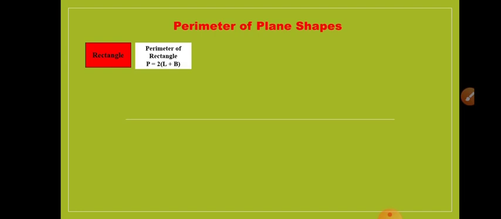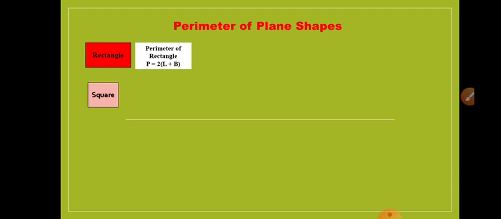We have 2 lengths and 2 breadths. That is why we have P equals 2 into bracket length plus breadth. You need to note the length is longer than the breadth. The breadths are 2 parallel sides on the left and right, while the length is up and down.